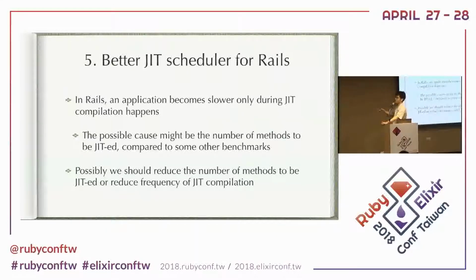I investigated the cause, and actually, GCC is executed by a parallel thread, but it uses some resources of the CPU or something. So during the JIT compilation, things become a little slower. So we may need to decrease the frequency of the JIT compilation to reduce the overhead.